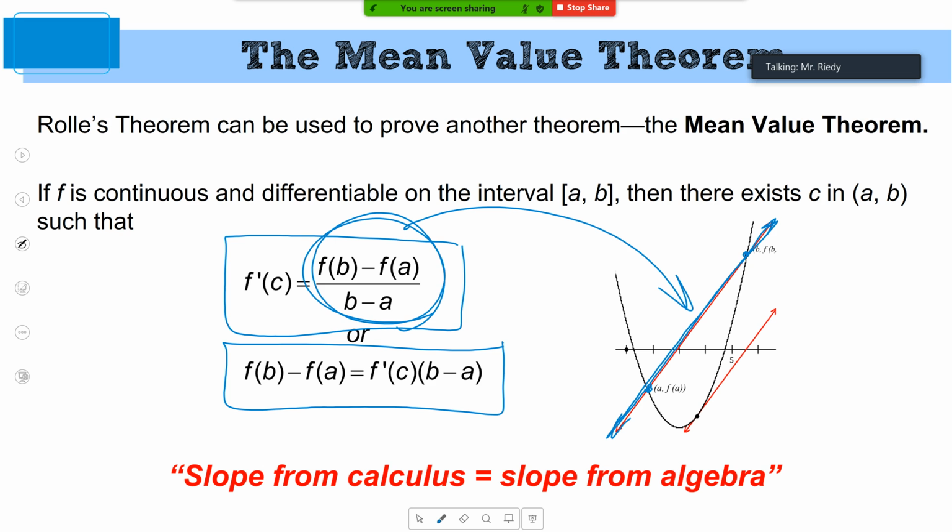That's the slope from algebra, also known as the slope of the secant line.